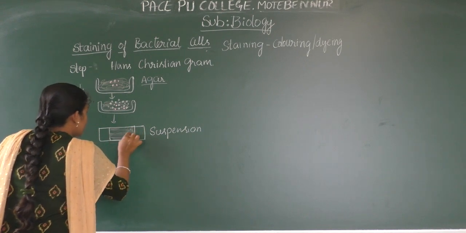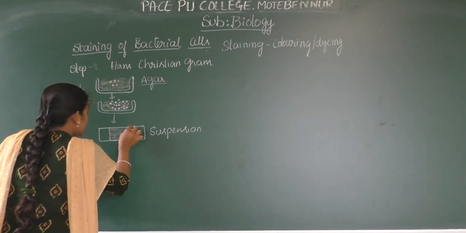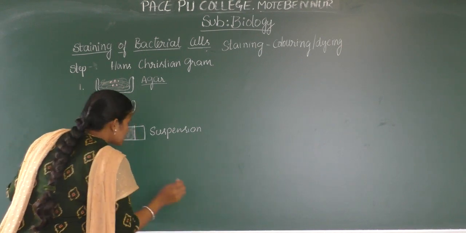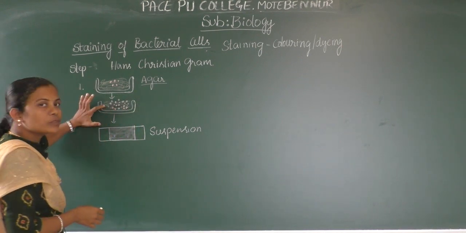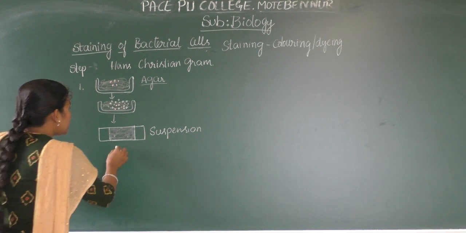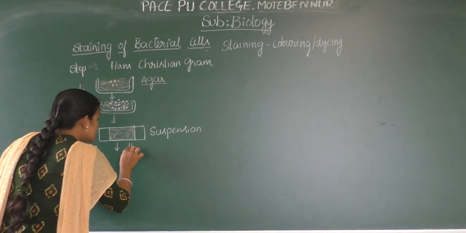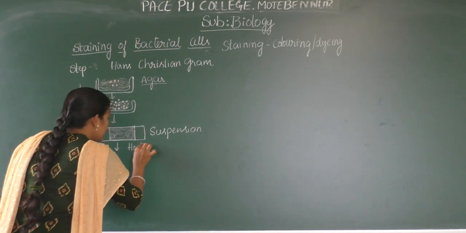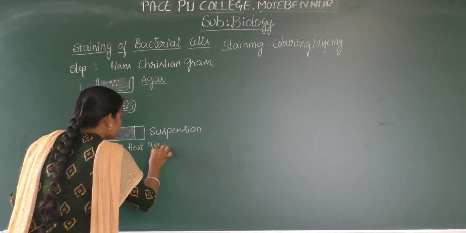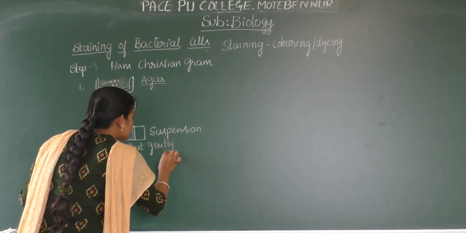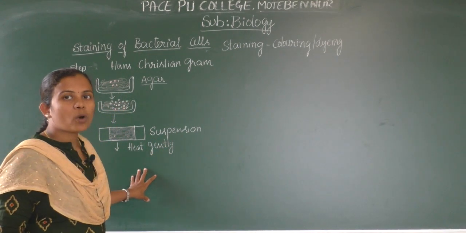Okay na? So on this we make a distribution of suspension taken from the nutritive media. Later we heat this gently. Here there is a difference between gentle heating and boiling.